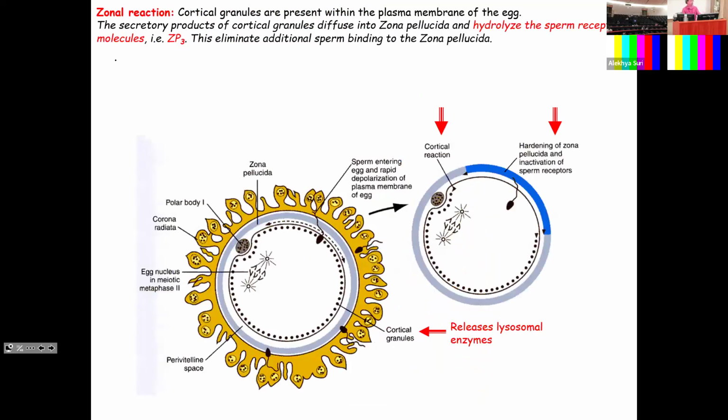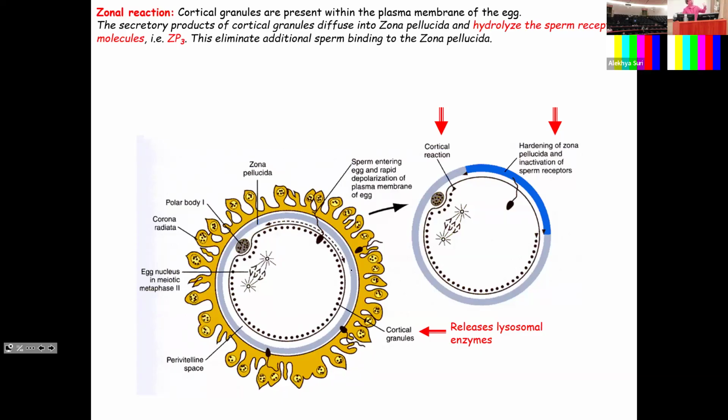Okay, so this is a representation of what happens when one sperm binds to the zona. The first thing that happens is an electrical depolarization. That makes it impossible for other sperm cells to bind, but it is short-lived.